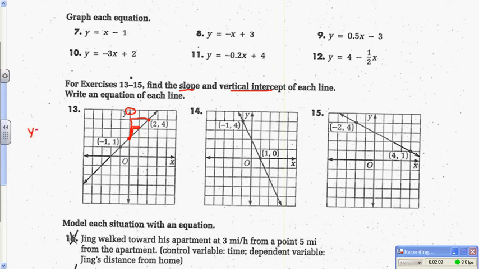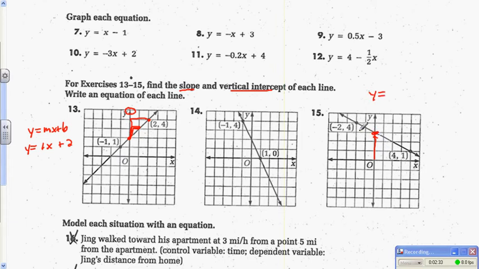Now if we want to write an equation from this information, then we would just say y equals the slope, which we said is 1, and the y-intercept, which is 2. For 15, we have a y-intercept of 3, goes up 3 there. So we would say y equals, what's the slope?